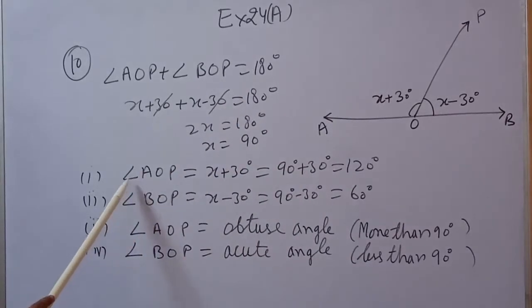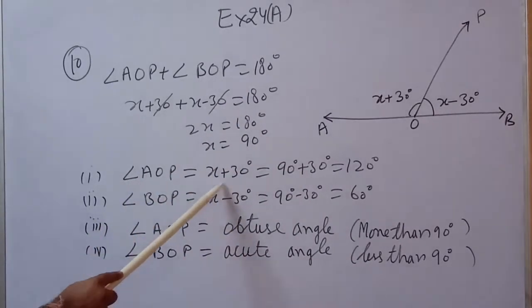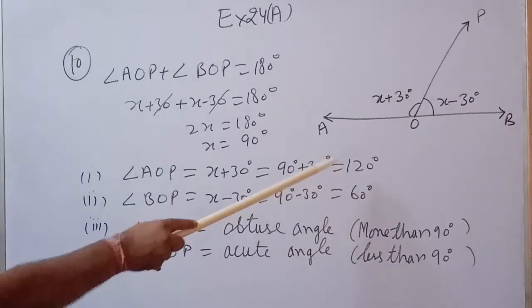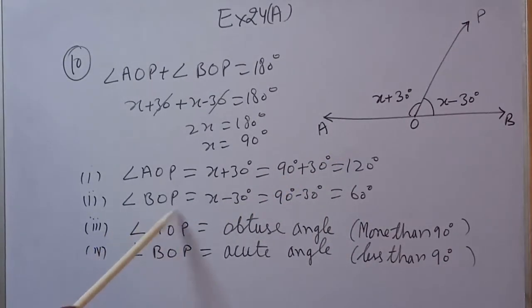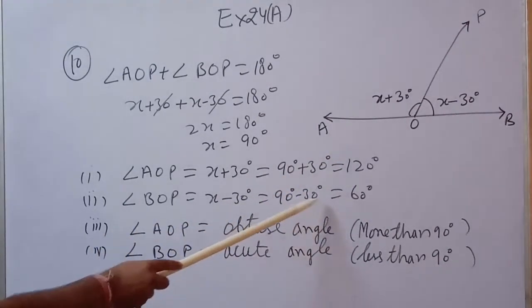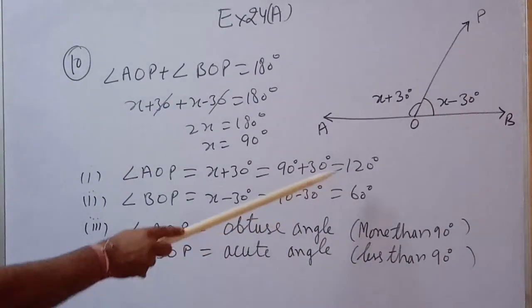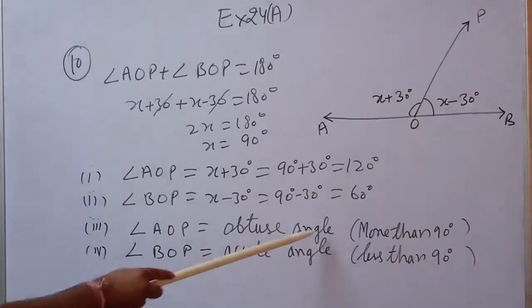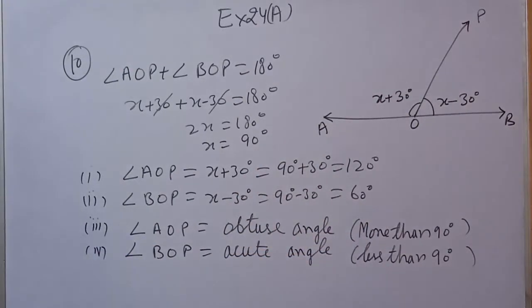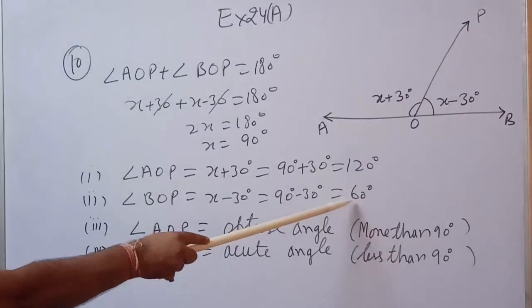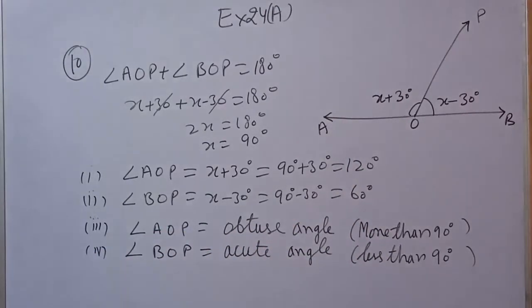Now put the value. Angle AOP equals x plus 30, that is 90 plus 30 equals 120. Angle BOP equals x minus 30, that is 90 minus 30, that is 60 degrees. Here angle AOP equals 120, an obtuse angle because it is more than 90 degrees. Angle BOP is an acute angle because it is less than 90 degrees.